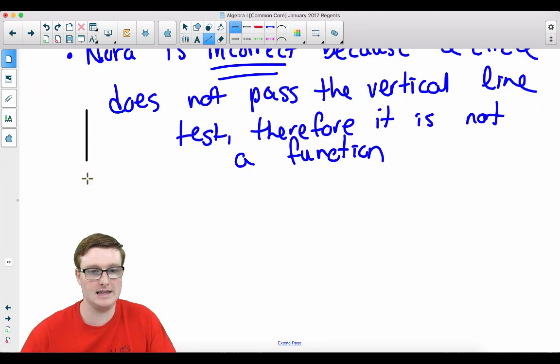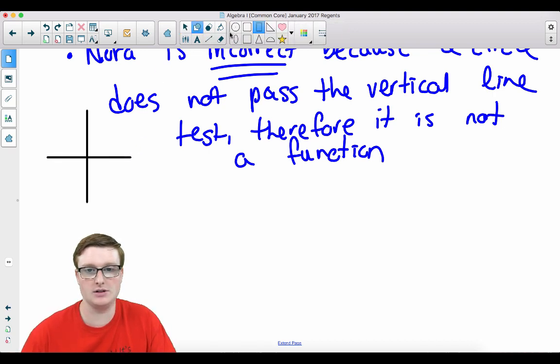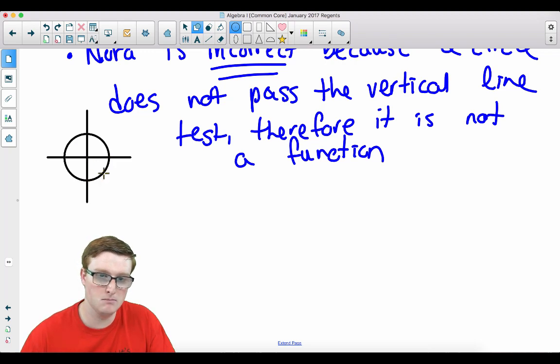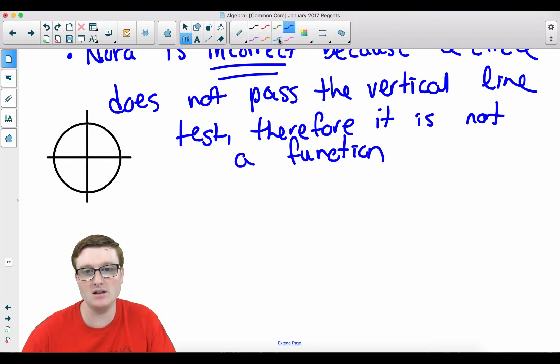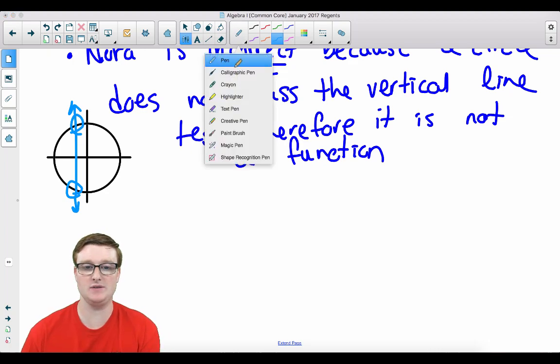So it could look something like this. A little sketch right here. Like that. Draw yourself a circle. Boom. And it fails at 2 points. 1 and 2. A vertical line can only touch 1 point. So a circle does fail the vertical line test.